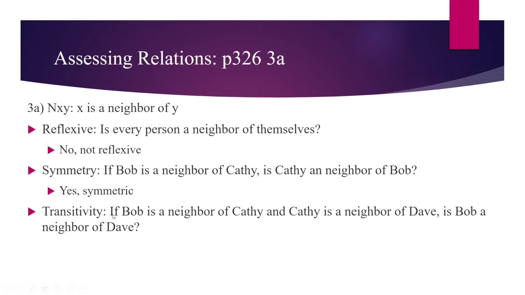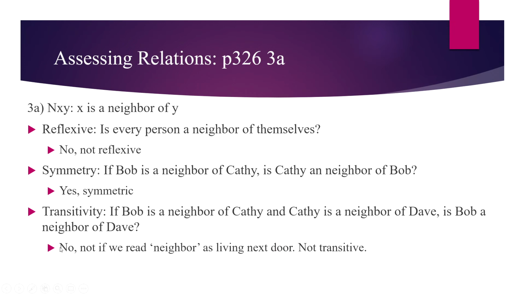And then transitivity, if Bob is a neighbor of Kathy and Kathy is a neighbor of Dave, is Bob a neighbor of Dave? And this one might seem unclear. Some of the questions in the book are less clear than anything I'll give you on the exam.